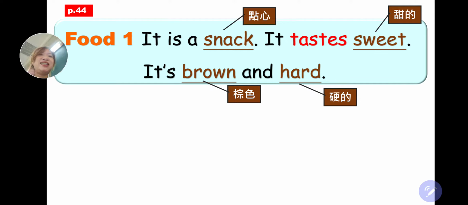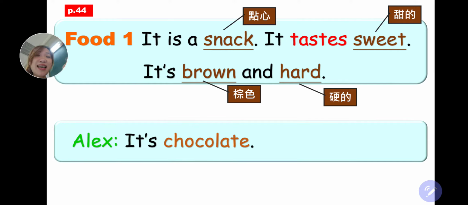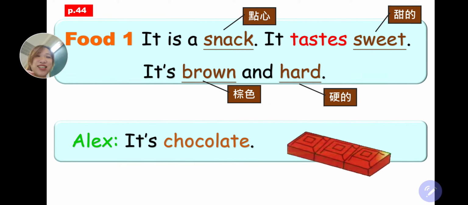Hard 就是硬硬的。OK, it is a snack. It tastes sweet. It's brown and hard. So could you tell me what is that? Yeah, it's chocolate. Is it right? Yes, chocolate.